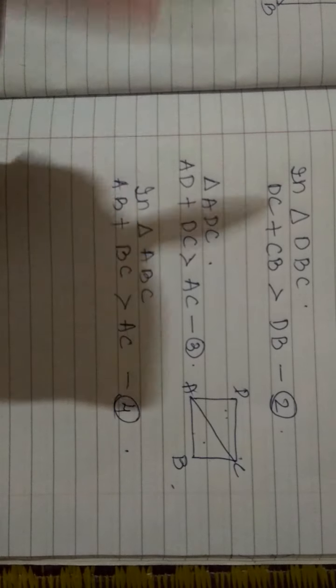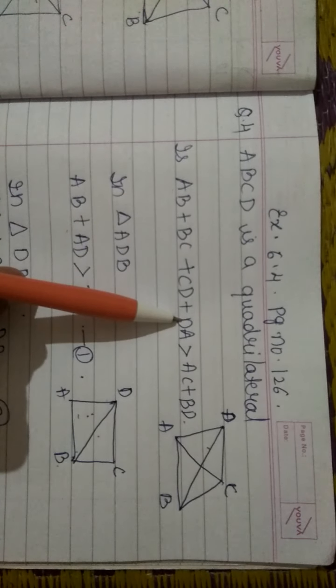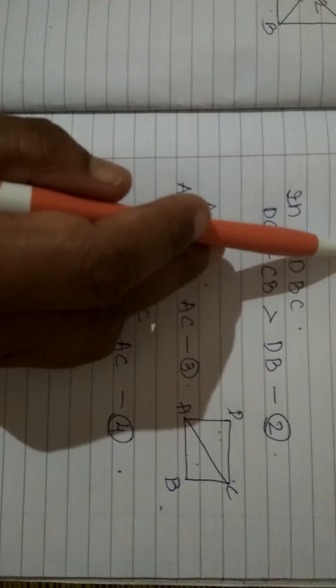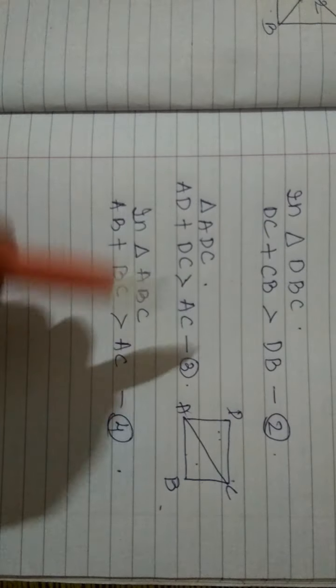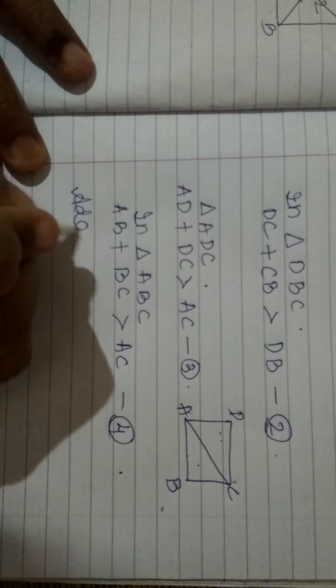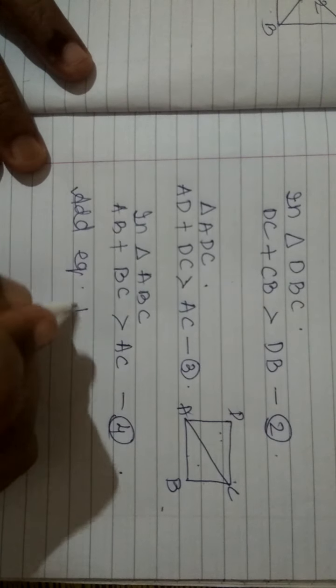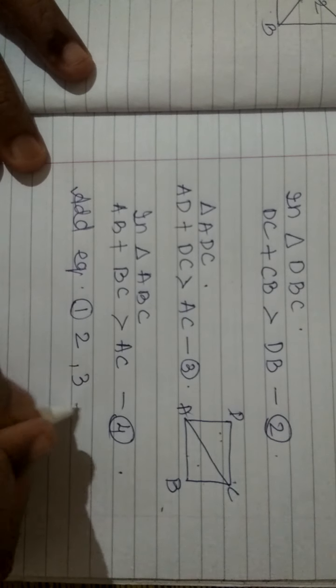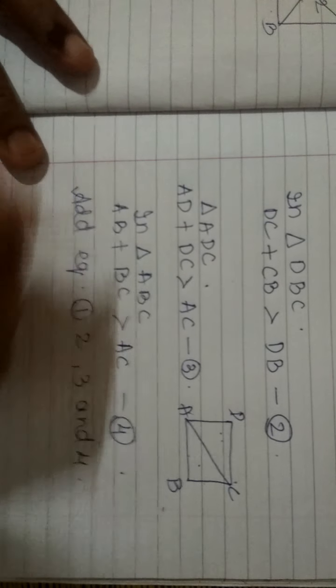Now children, what we have to do here: we are seeing the sum of all the sides. So we will add equations 1, 2, 3 and 4.